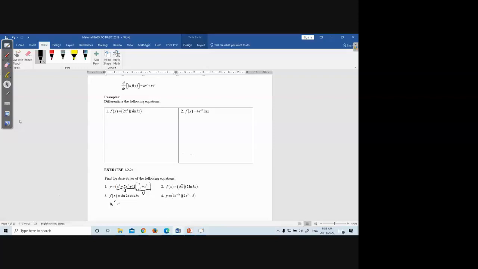So let's straight away differentiate u. We have 3x squared plus 14x. And what is v prime? Three cos 3x.